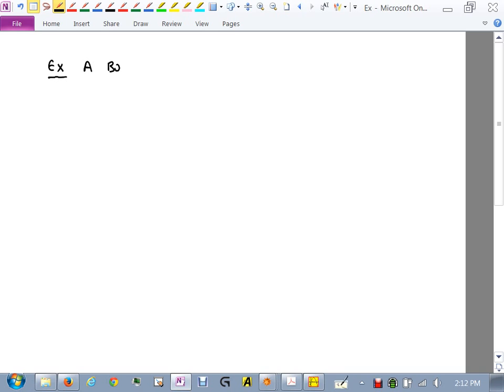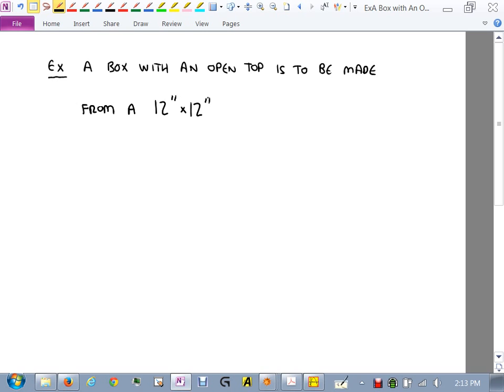A box with an open top is to be made from a 12-inch by 12-inch aluminum sheet.